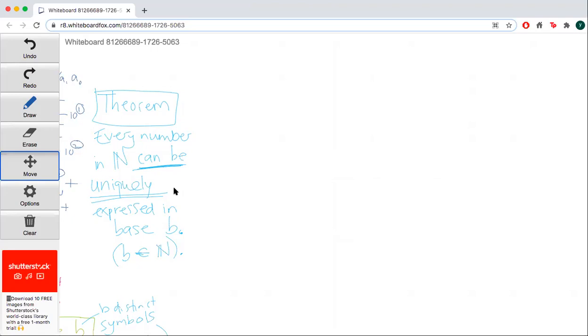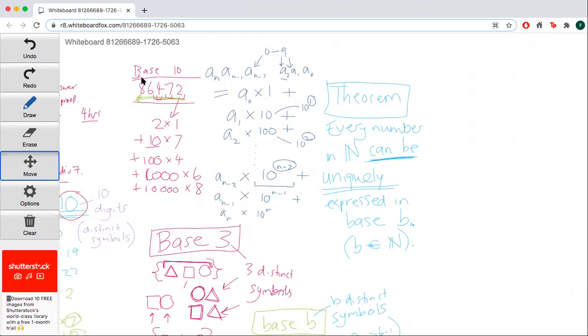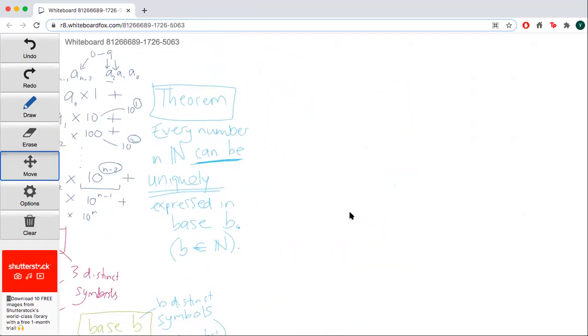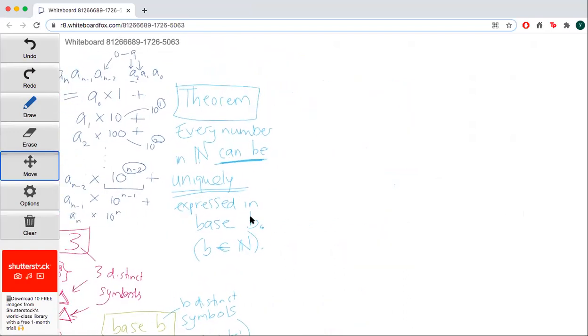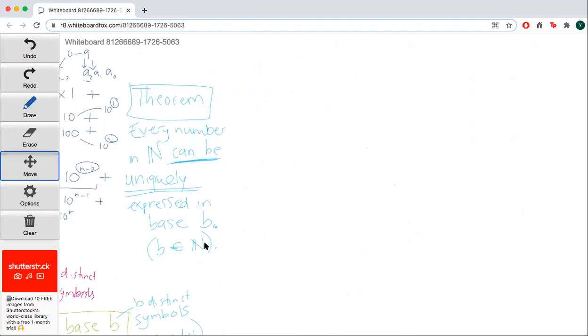Okay, and remember that B is just basically the number of symbols we have, and B is, in this general theorem, a natural number. So we could choose it to be 3, 5, 7, and we can also choose it to be 10. So 10 is the base that we're used to.